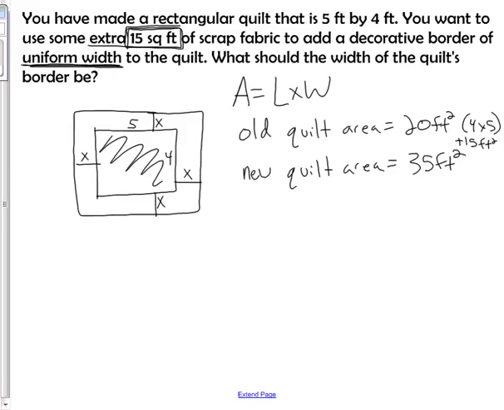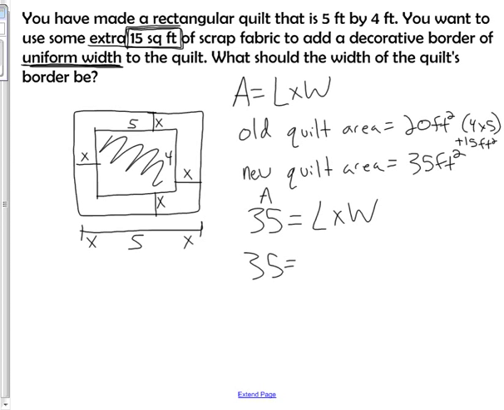Okay, now I think that will help because I can write an expression of my new quilt area and compare that to 35. So I can say my 35 is length times width, right? Area is length times width of my new quilt. So the length of the new quilt is this whole thing here, which is made up of an X, 5, and X. Right?